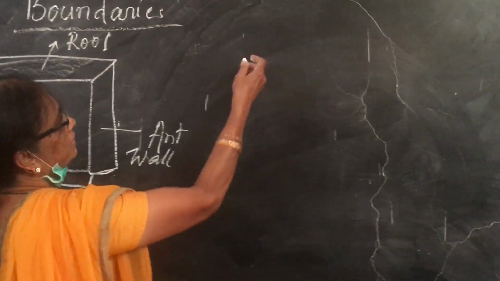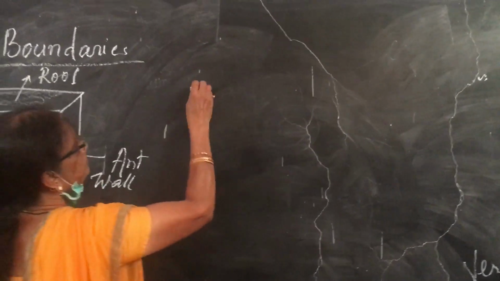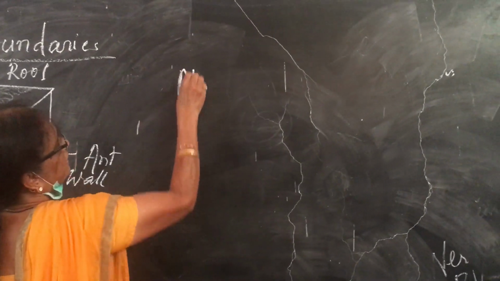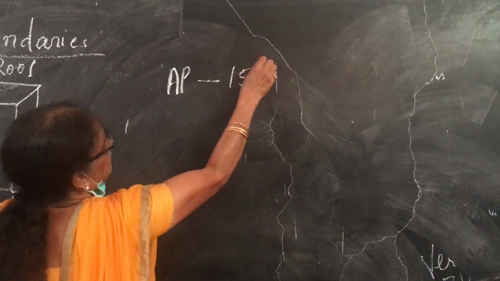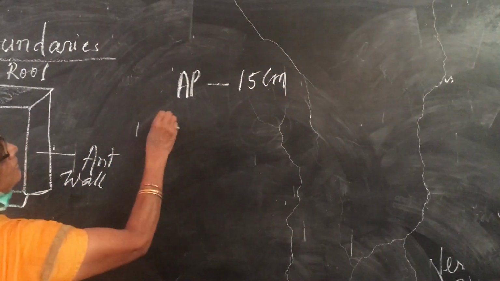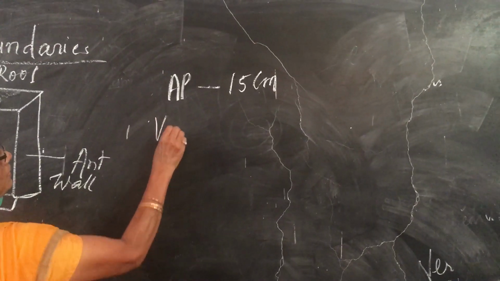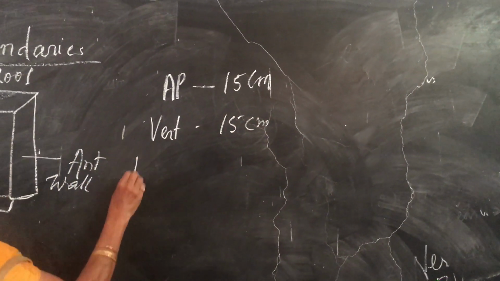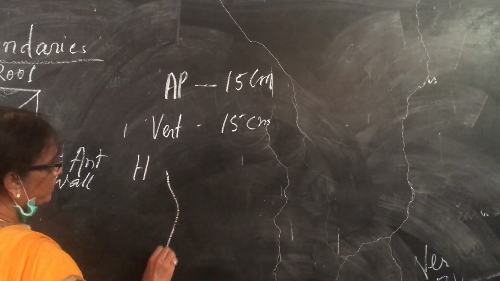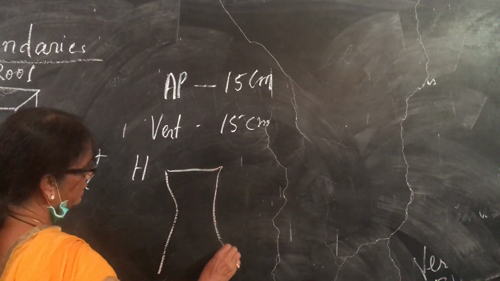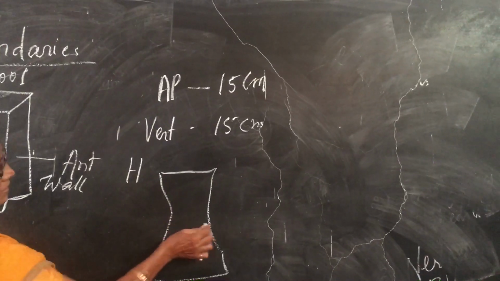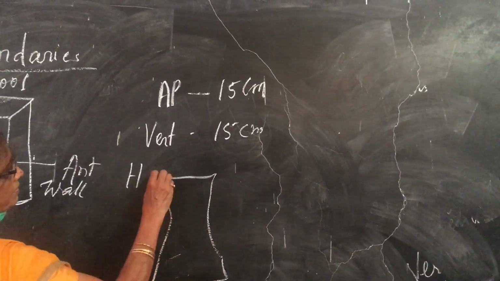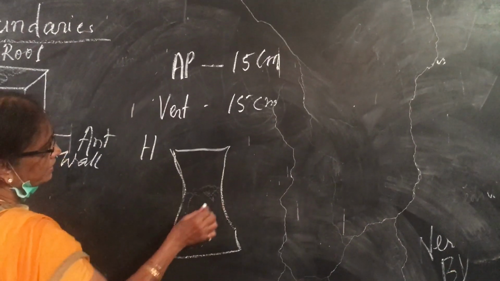Dimensions: anteroposteriorly it is 15 centimeters, then vertical again 15 centimeters, whereas horizontally, because of the approximation of medial and lateral wall, the transverse or horizontal diameter becomes narrower in the middle.